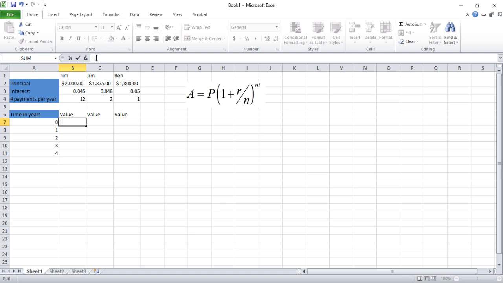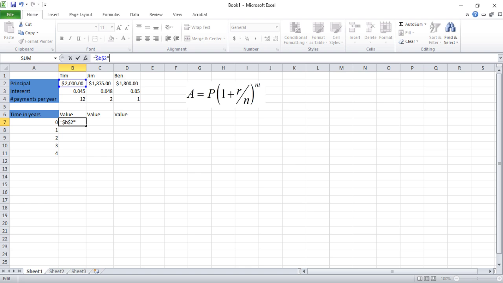For Tim, the amount of money he had in his principal is in cell B2. So I'm going to type $B, $2. What the dollar sign does is tell the computer to always look in B and always look in 2 for finding the principal.